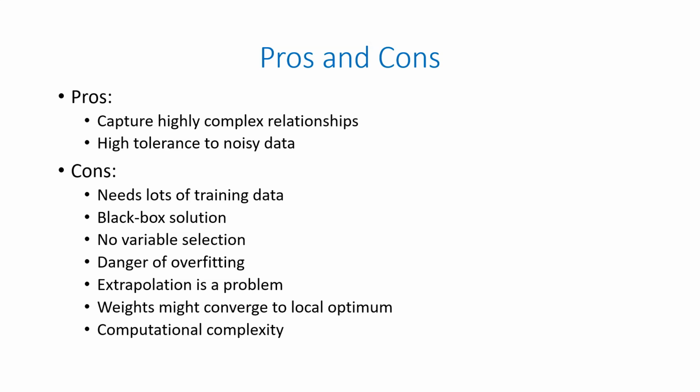The technique is highly flexible and can model relationships that do not follow any obvious patterns. Therefore, it has found its place in a wide range of applications that involve complex decision-making, such as facial recognition, autonomous vehicles, and financial modeling. Second, due to its data-driven nature and flexibility, it has high tolerance to noisy datasets.